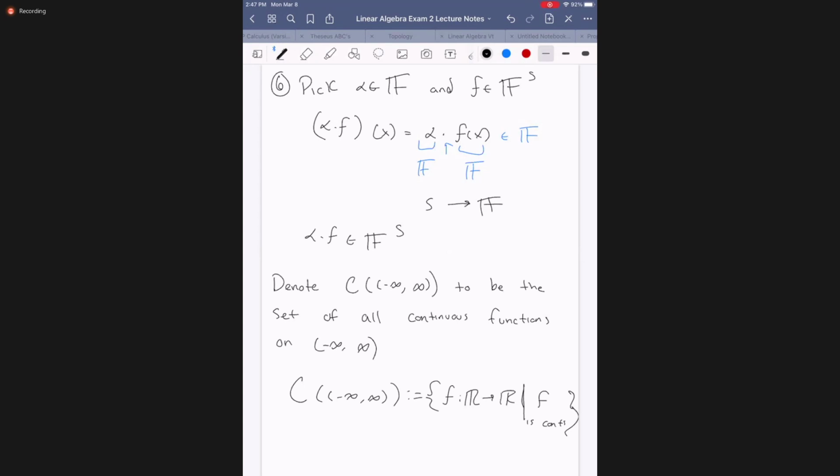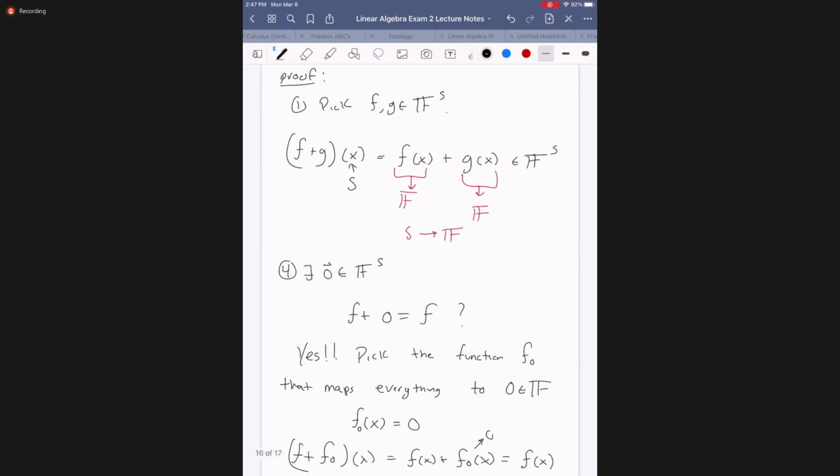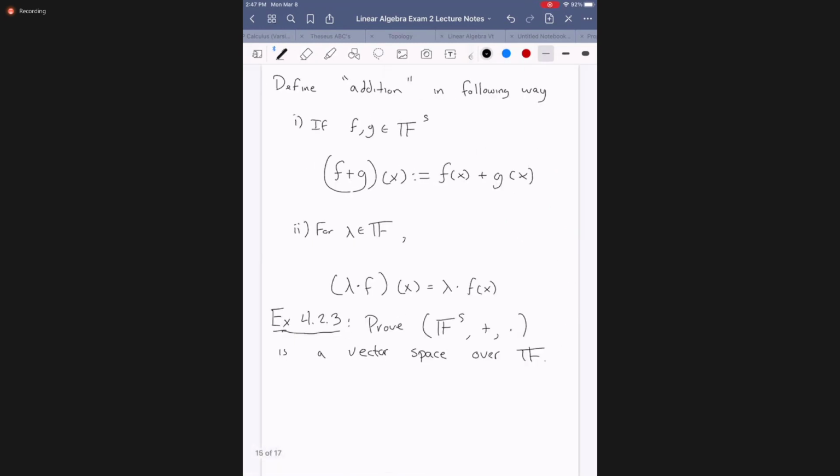So all the continuous functions make up this new set. The addition and multiplication I'm going to define in this set is the same as I did right here. These are definitions, and I'm going to call them the standard addition and multiplication on functions, okay?